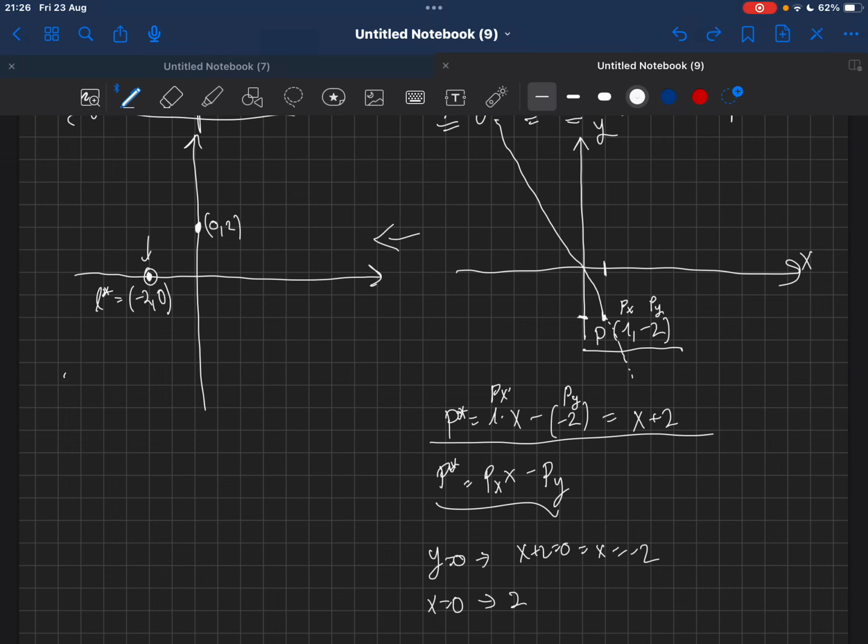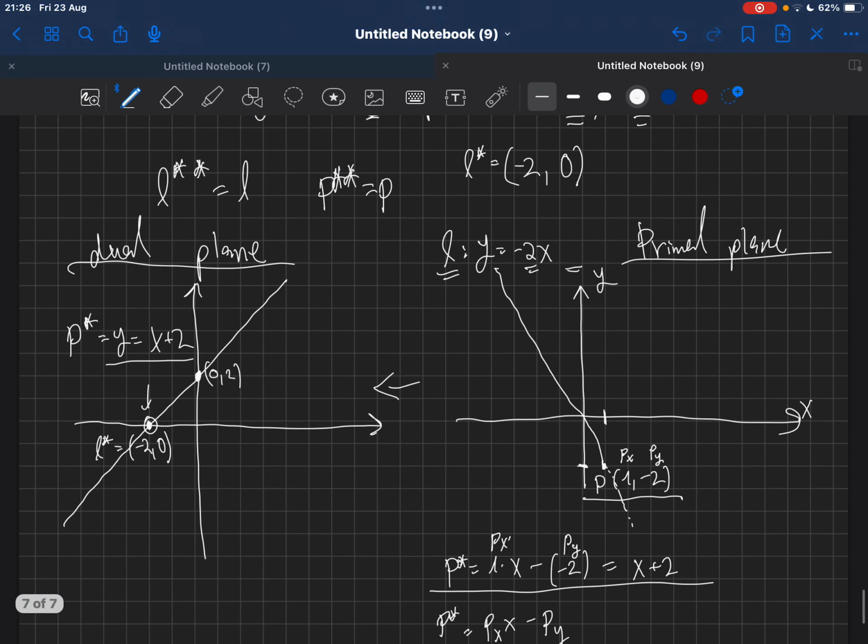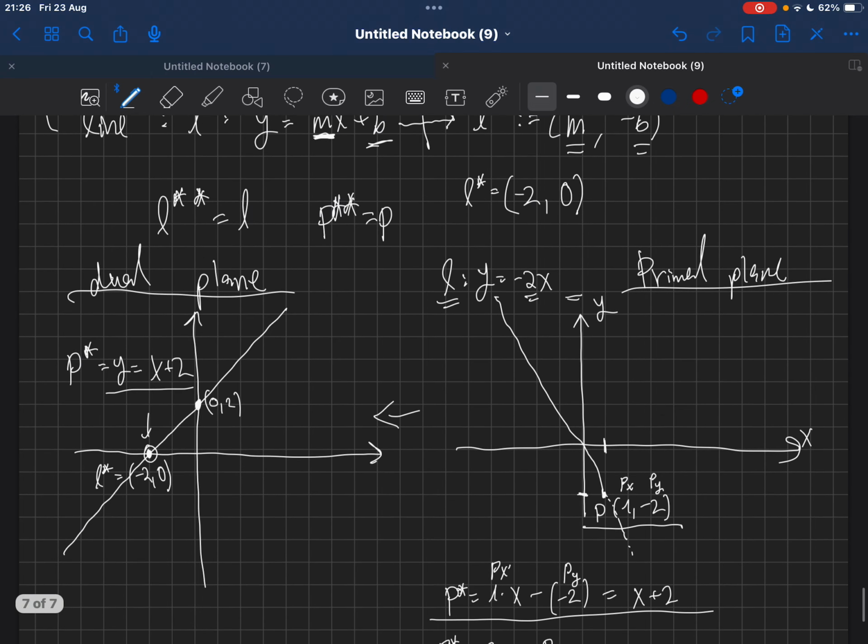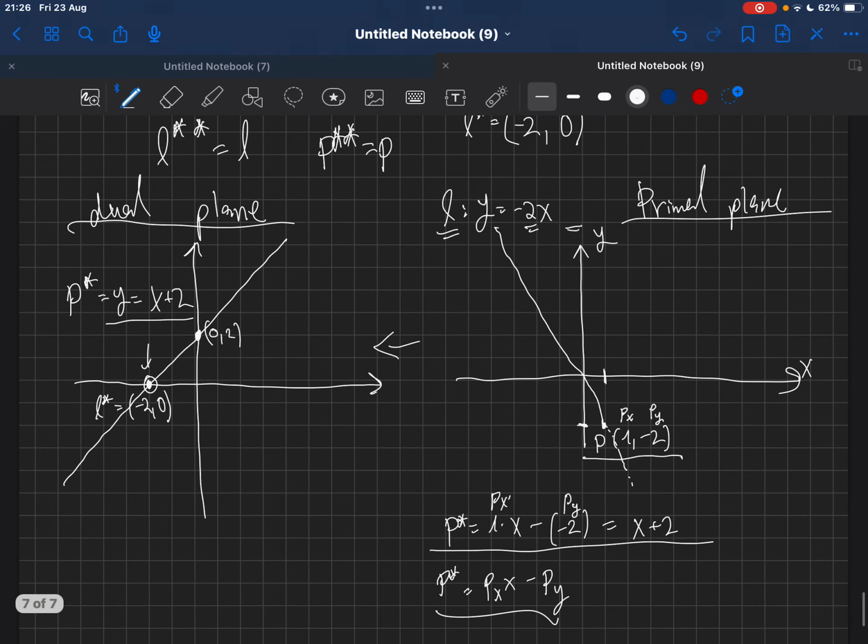I don't want to get into all the properties of the dual and the primal and how they are connected. I just wanted you to see how I translate between the primal and the dual plane. Maybe in the next videos I will talk about the characteristics, because there are characteristics.